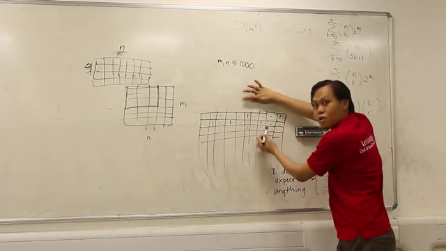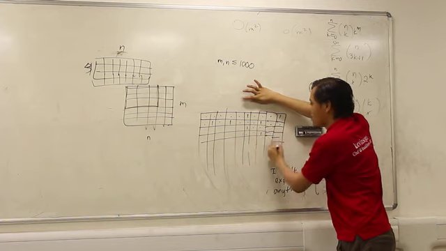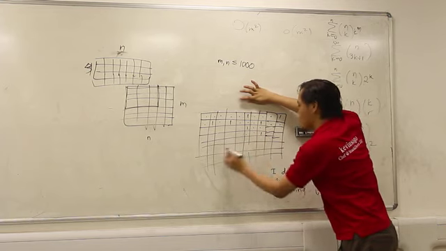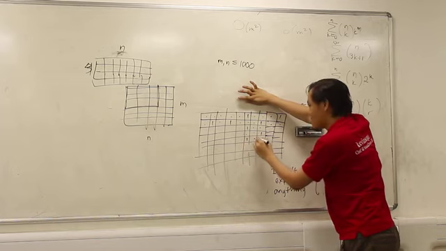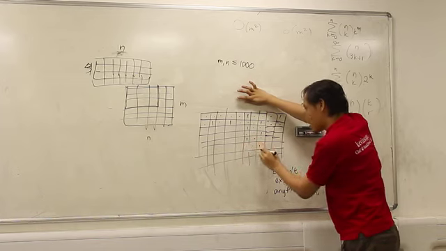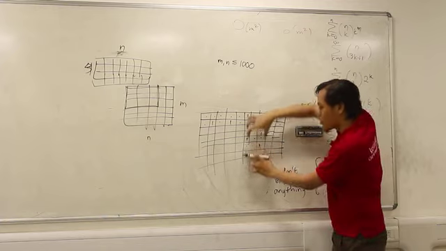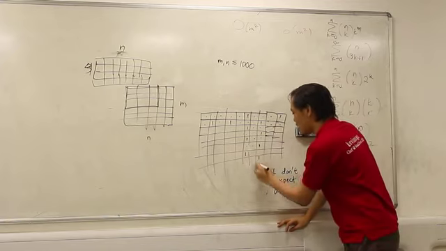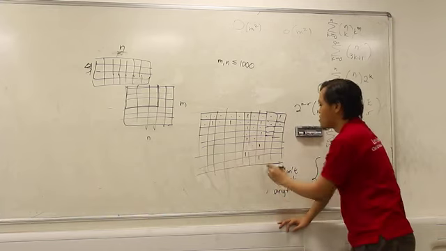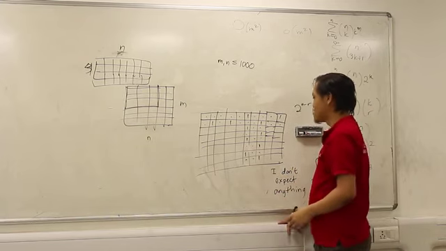But this square should have a 1. So this will be 1. Let's try continuing. So this will be zeros, but this should have a 1. This should be zeros, but this should have a 1. So you're basically forced to build these two columns like this. It will be alternating until the end, or something like that.